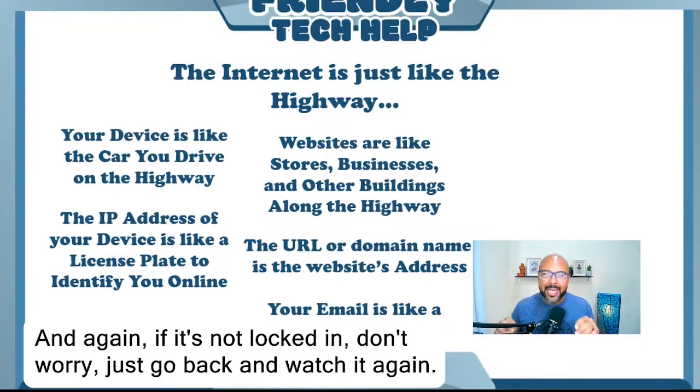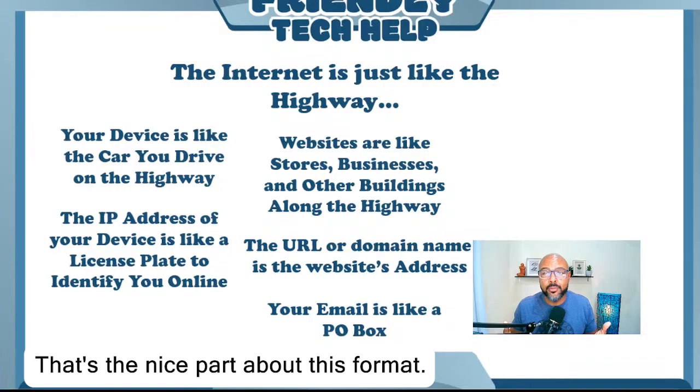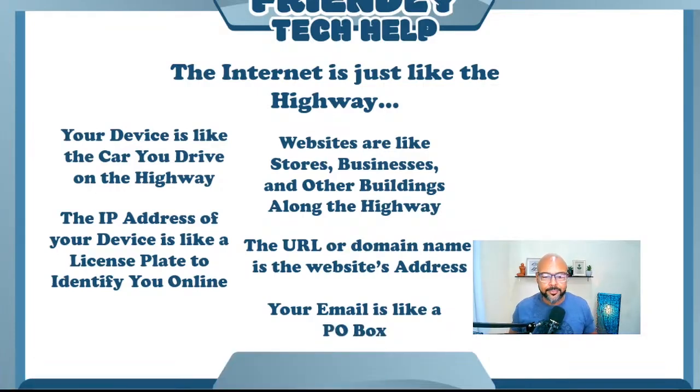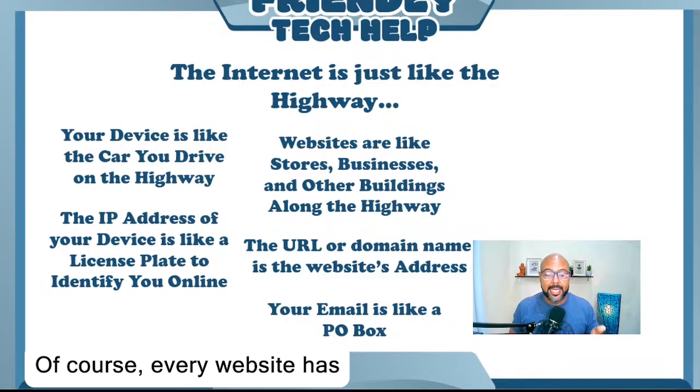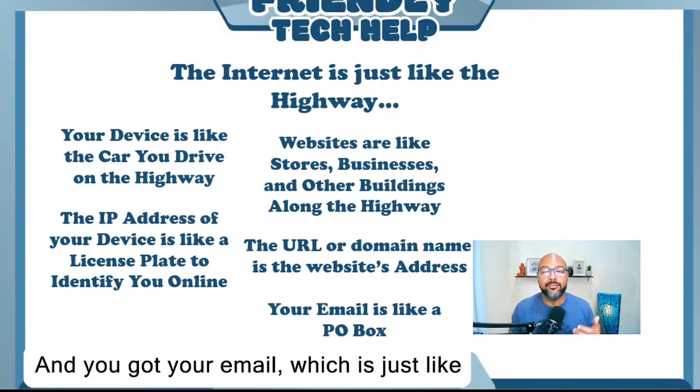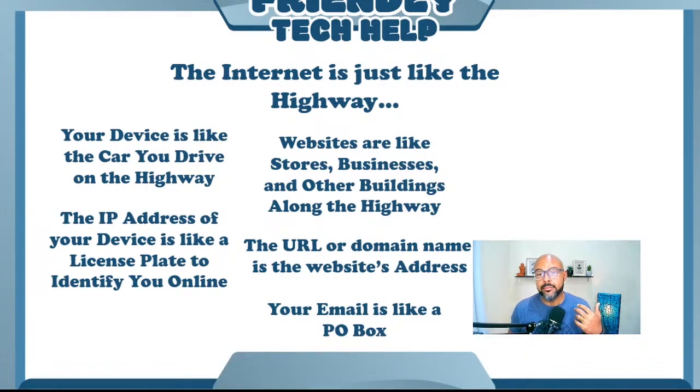And again, if it's not locked in, don't worry, just go back and watch it again. That's the nice part about this format. You can hear it multiple times so that it sinks in. Of course, every website has an address that we call a URL or a domain, and you've got your email, which is just like your PO box, right?